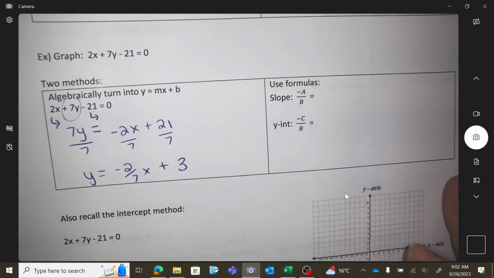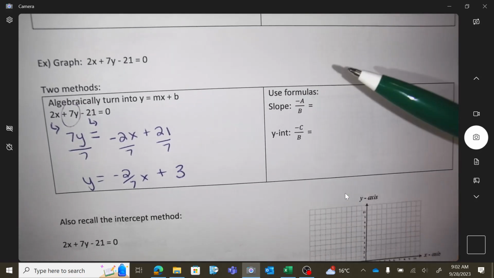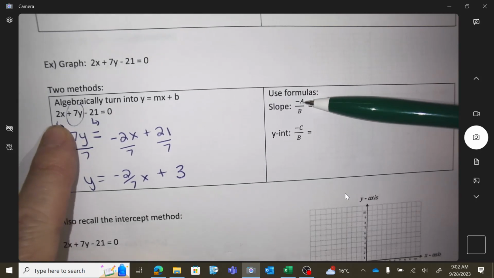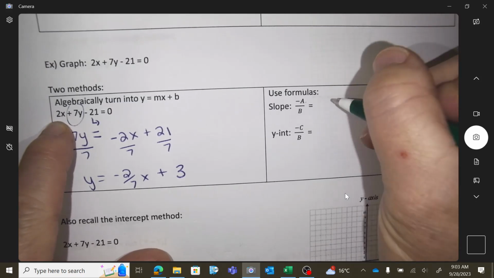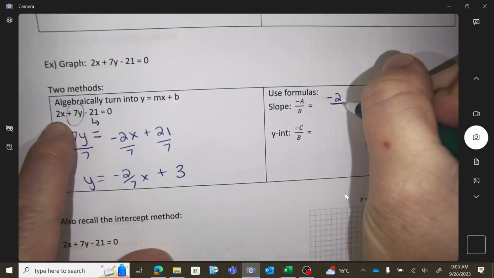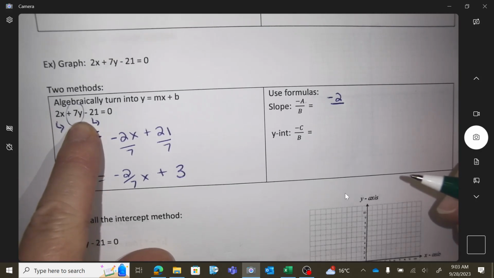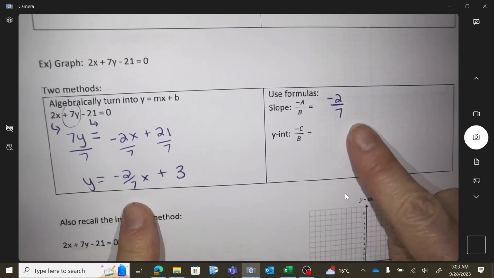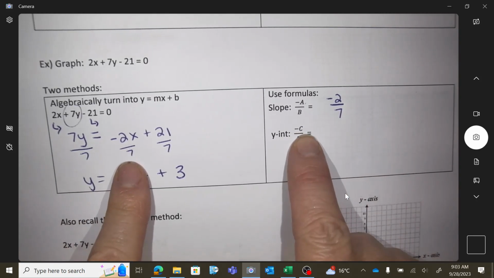Okay, if we were to use the formulas, this is how it would work. Negative a means to take the opposite. So if my a in this is a positive 2, I would go negative 2 divided by the b. So the b is 7. And look at that, it matched. And then the y-intercept is to take the opposite of c.